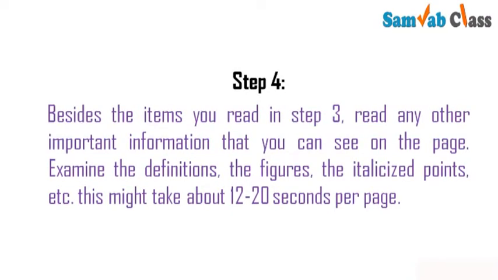Step number 4. Besides the items you read in step 3, read any other important information that you can see on the page. Examine the definitions, the figures, the italicized points, etc. This might take about 12 to 20 seconds per page.